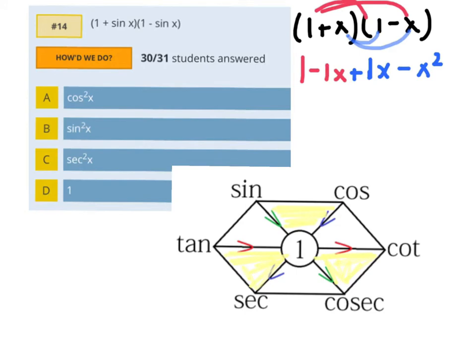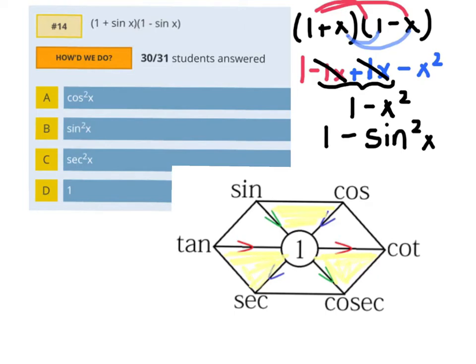So if you fold it out, multiply all the terms, it looks like this. And in those difference of squares problems, the terms in the middle, minus 1 plus 1 is 0, so those are going to cancel out. And we're just left with 1 minus x squared. Now, instead of x, this problem had, what, sine?